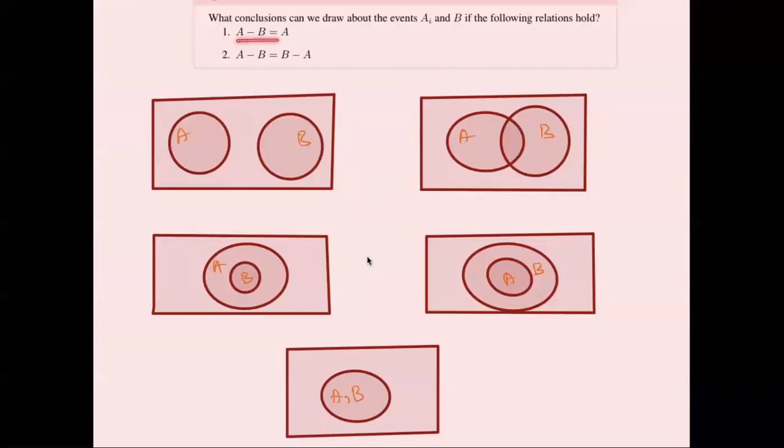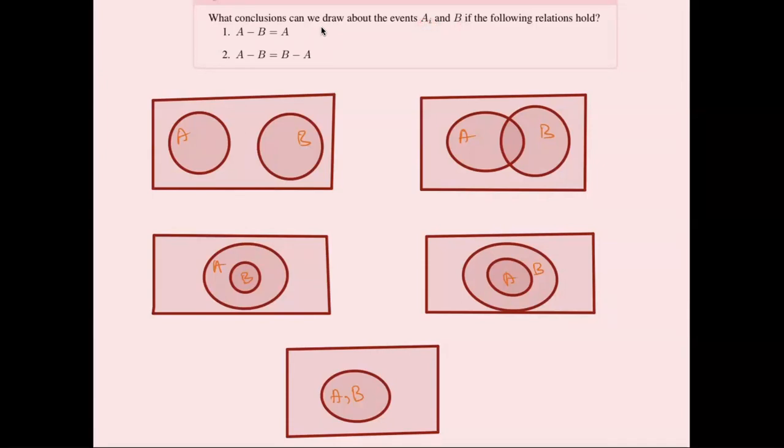Okay, what did you get for part 1? I got A exclude B is equal to A. What is the relationship between A and B if this holds true? The good thing with this question is that it only involves two sets, right?